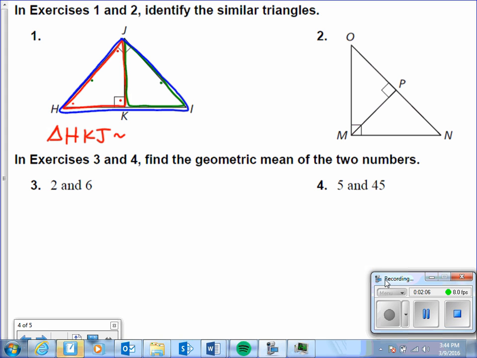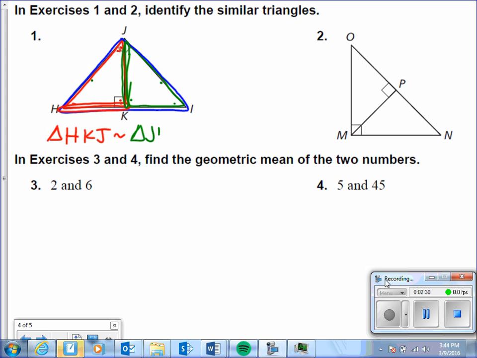This side right here, HK, will always match up with this side of the triangle next to it. So if we went in the order HKJ, we're going to start at J to name the second triangle and go JKI.